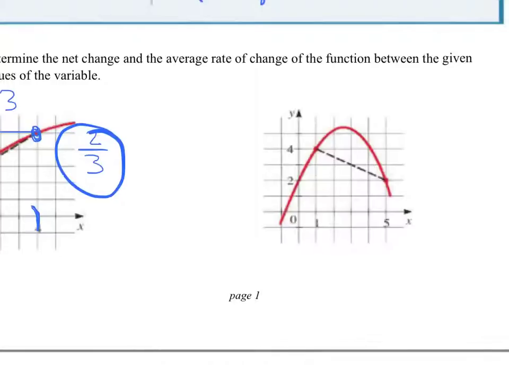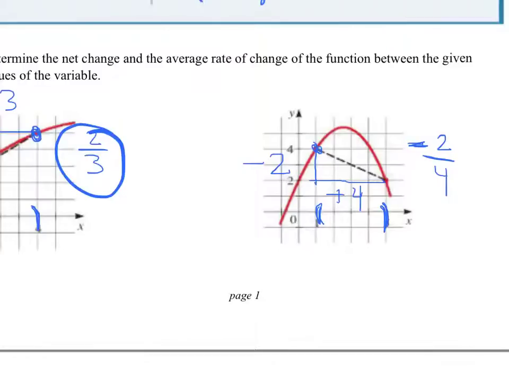Here we have, starting at this point, we'll have to go down 2 units. So that's a rise of -2. And then a run of +4. So rise over run is -2 over 4. And that's your average rate of change on the interval from x equals 1 to x equals 5.